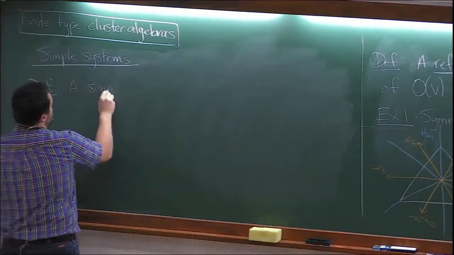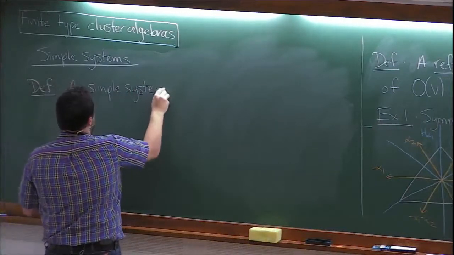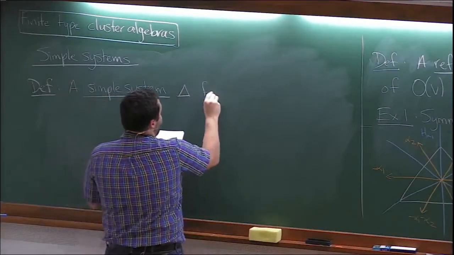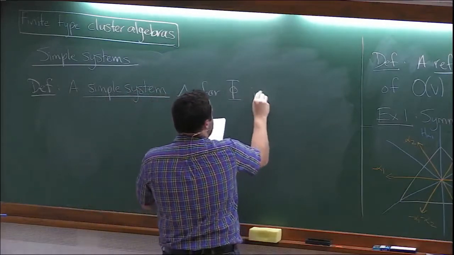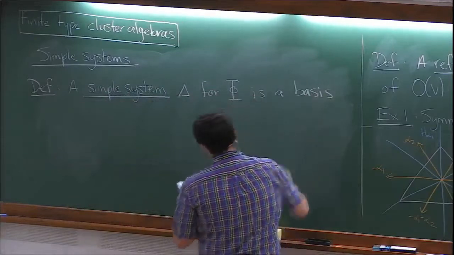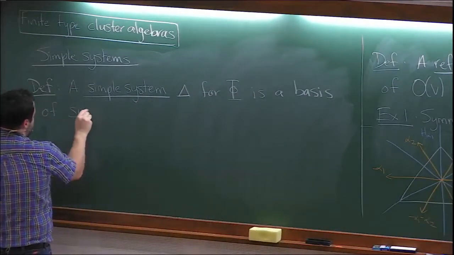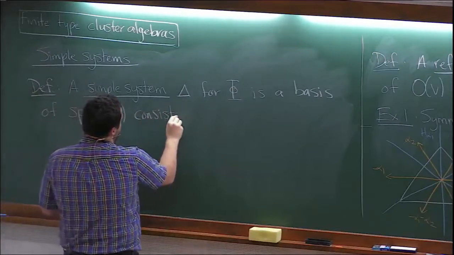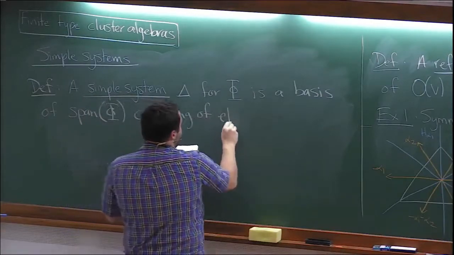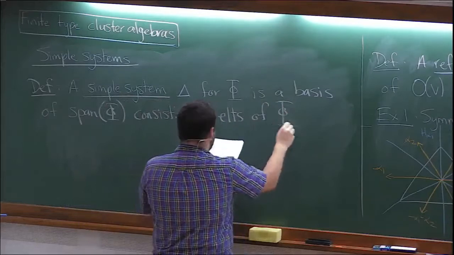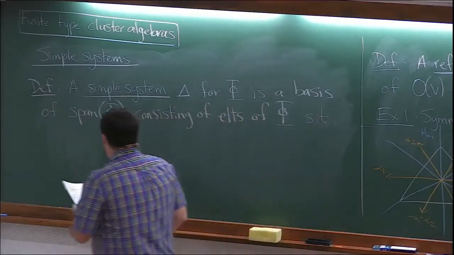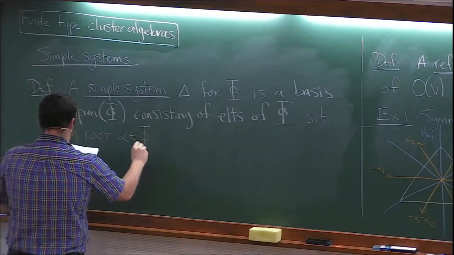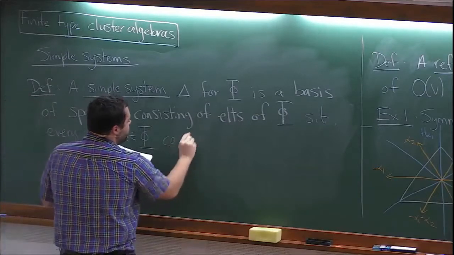A simple system, I'm going to write it as delta, for our root system phi, is a basis of the span of the root system consisting of roots such that every root inside phi can be written in a nice way.